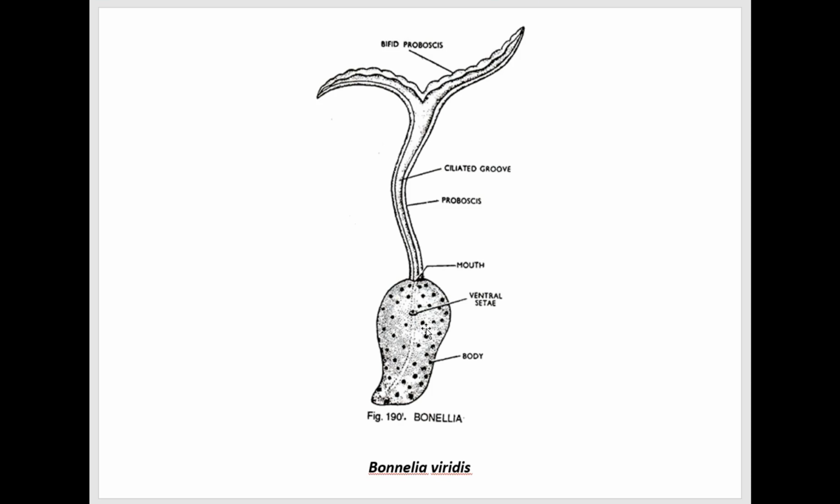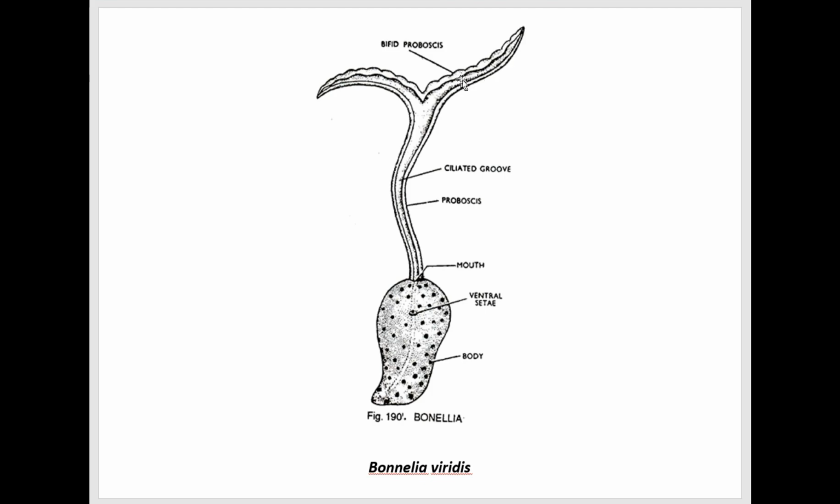What happens if these sexually undifferentiated larvae are made to develop in the presence of a female? This entire portion is called the proboscis, which is bifid, meaning forked. On this proboscis of the female Bonellia, sexually undifferentiated larvae are placed.